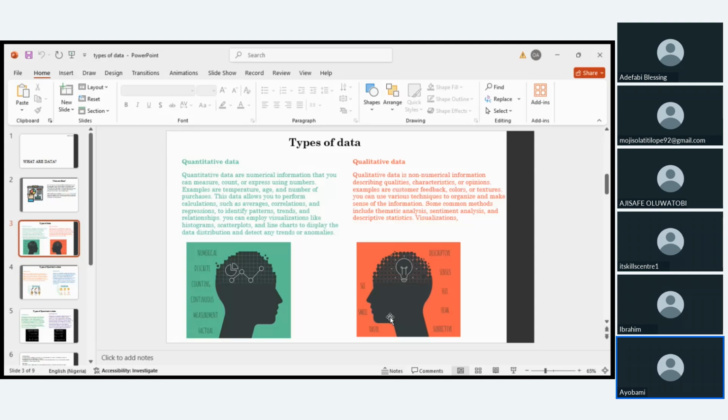What you're giving is qualitative data. You can give them a piece of your mind. You can go to Play Store or App Store, download an app, then you can go back and write reviews. So all those things you are giving qualitative data. So even though you are writing them as words, there's a way they can be analyzed too. They are not useless, right? So we have all of those under qualitative data.